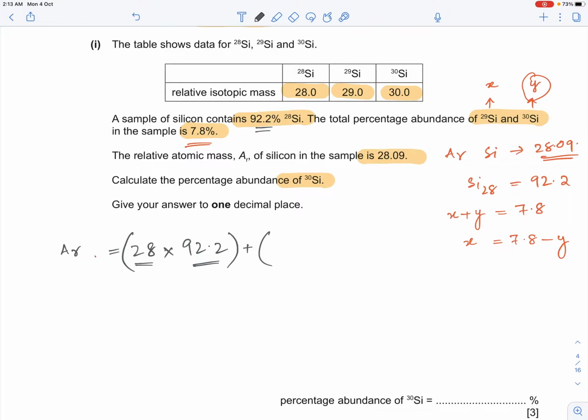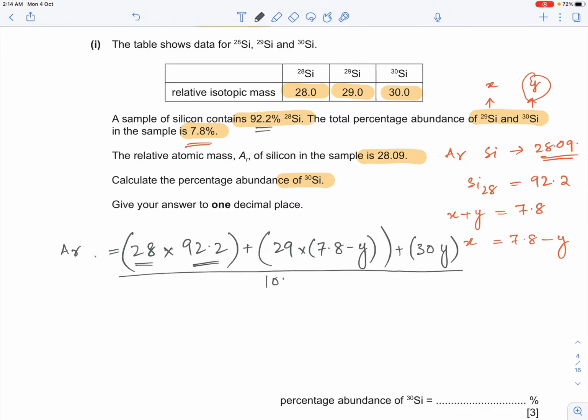So the next isotope is silicon-29, and its isotopic abundance is 7.8 minus Y, plus the third isotope, silicon-30, and its abundance is Y, which we have to find out, divided by 100.